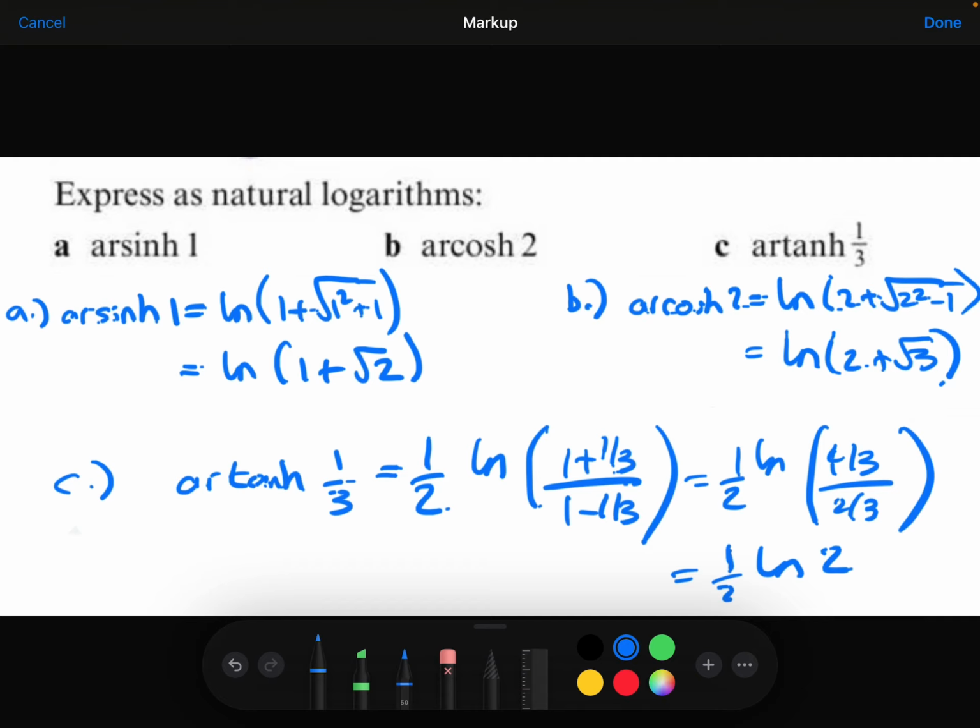So a half ln 2, or if you wished, you could do it ln of root 2. And there we go.